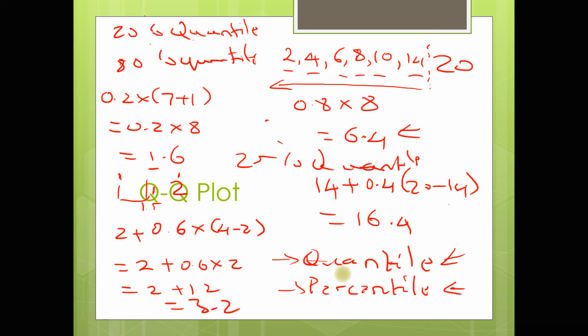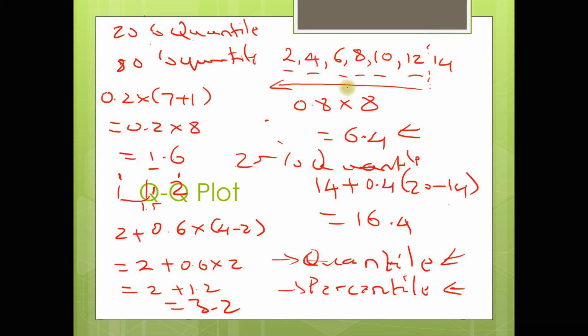Now, why did I explain this to you? By the way, before I get into the quantile plot itself, let me just briefly show you this example. You had 2, 4, up to, let's take the original example as it was, and then 12 and I got to 14 from what I recall.